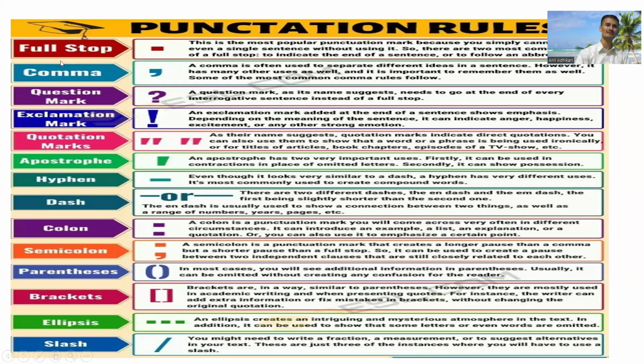You can see here in the example: full stop, comma, question mark, exclamation mark, quotation mark, apostrophe, hyphen, dash, colon, semicolon, parentheses, brackets, ellipses, and slash. These are the symbols you can see here on the screen. Of course you can see. Now, don't worry, we are discussing in detail here.